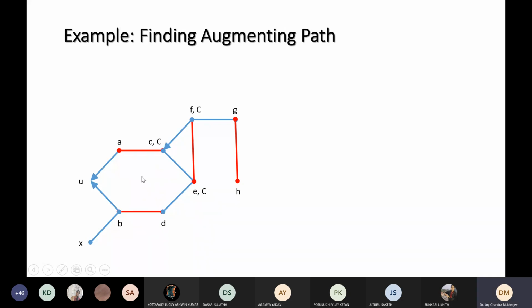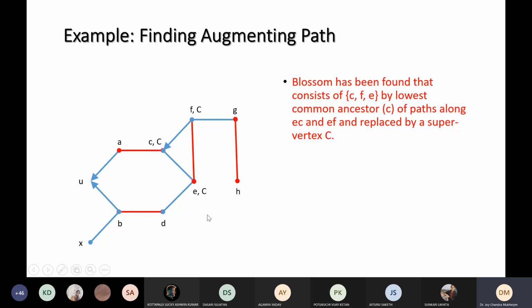Now from this set, so yes, a blossom has been found that consists of C, F and E, by the lowest common ancestor C of paths along EC and EF. The EF path means E to F, and replaced by a super vertex capital C.